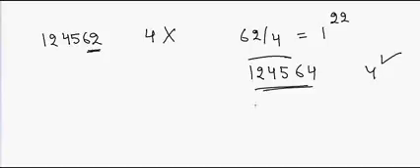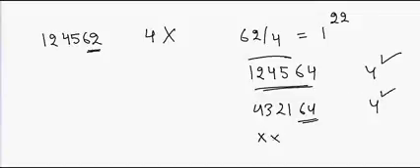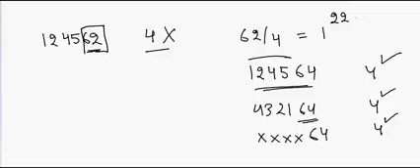I can write 4 3 2 1 6 4, then again it is divisible by 4, or I can write anything followed by 64, and this number should also be divisible by 4. So I have to look at the last 2 digits to check if the number is divisible by 4. In this case it is not.